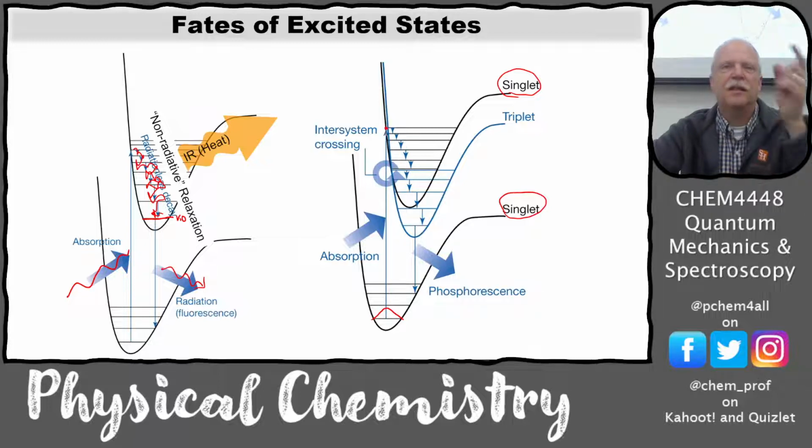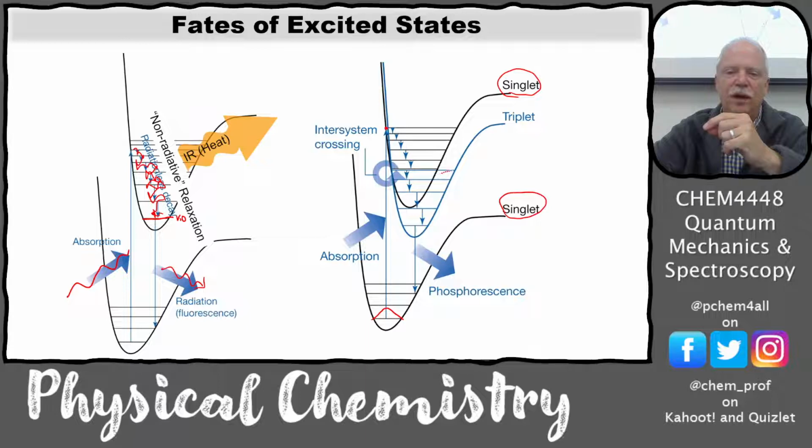And so it goes singlet to singlet absorption. It's got to be an allowed transition for absorption, so it can't go singlet to triplet for absorption. It can go triplet to singlet in emission, because that's phosphorescence. But it hits that singlet state and starts to go down through the singlet state transitions.